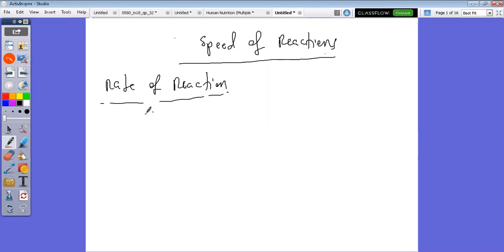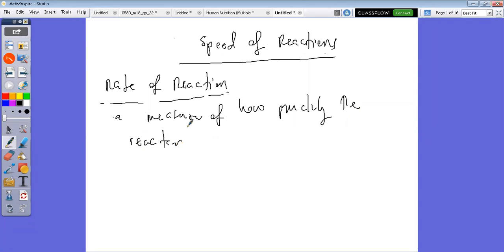The rate of a reaction is simply a measure of how quickly the reactants are used up, or how quickly a product is formed.